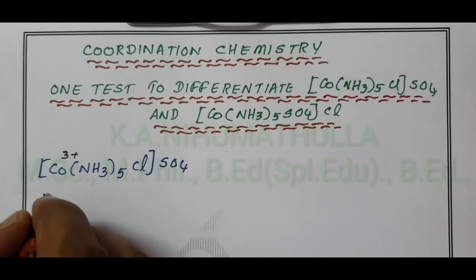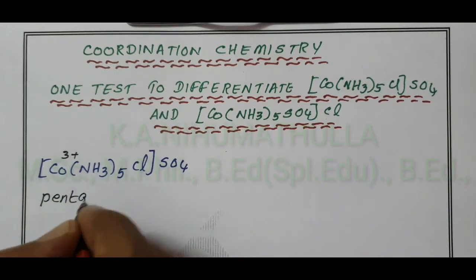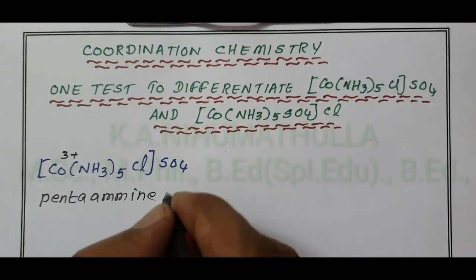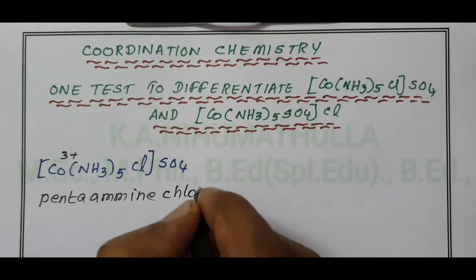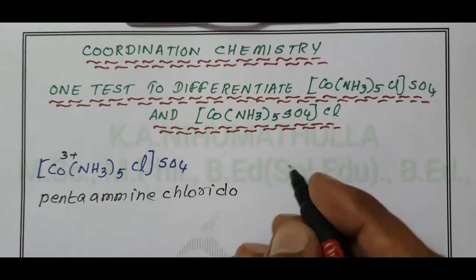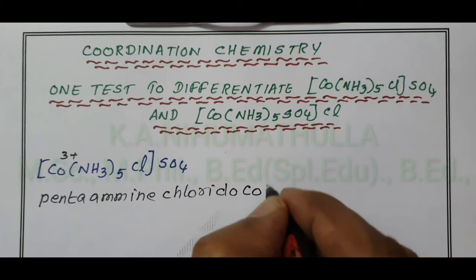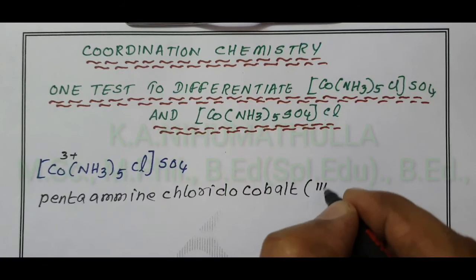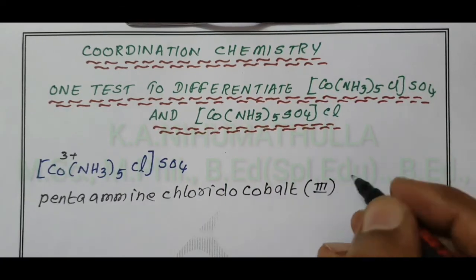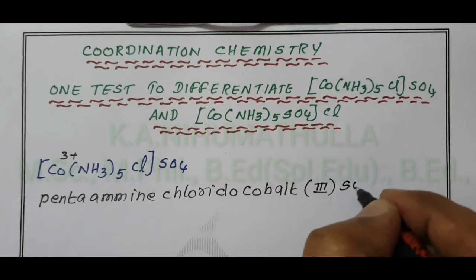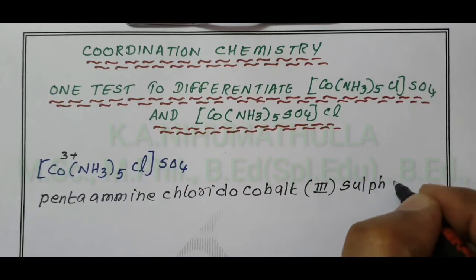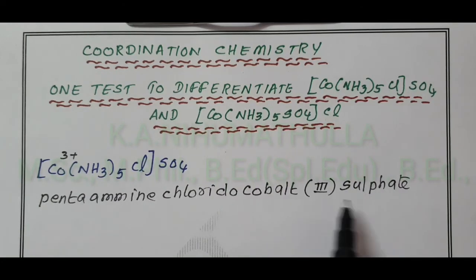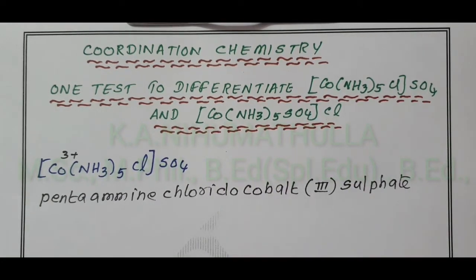Penta, NH3 is ammine, so pentaammine, chlorido, cobalt, oxidation state 3 in Roman numerals, and SO4 is sulfate. Pentaamminechloridocobalt(III) sulfate.